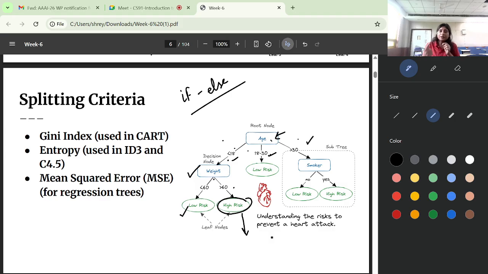As I told you, the splitting criteria can be based on Gini index or entropy. The third criterion, created especially for regression trees, is mean square error. Basically, if we have age with 3 values, low, medium and high, we will create a split and calculate the mean square error using this split, only 2 splits.